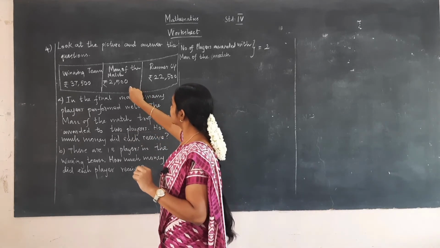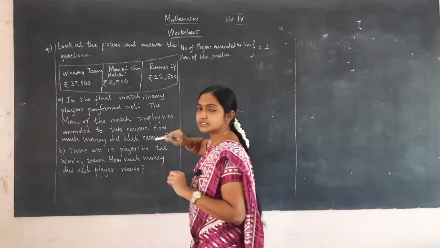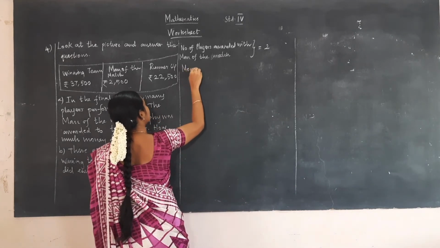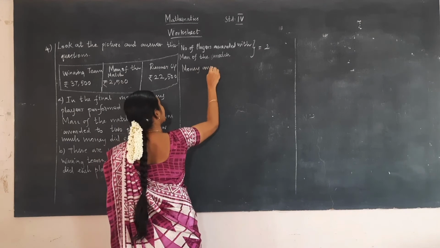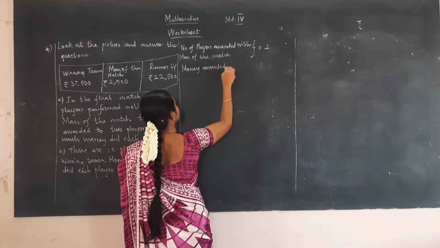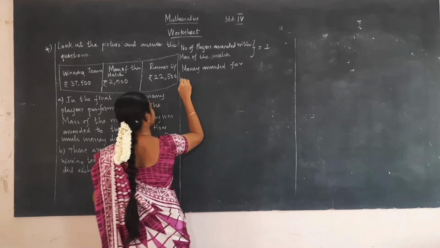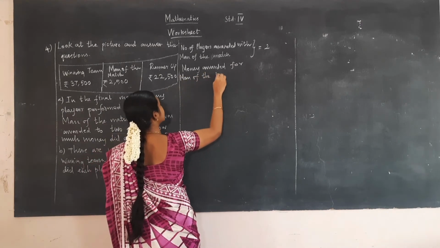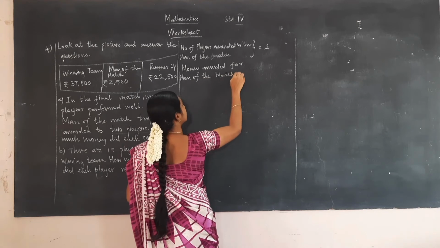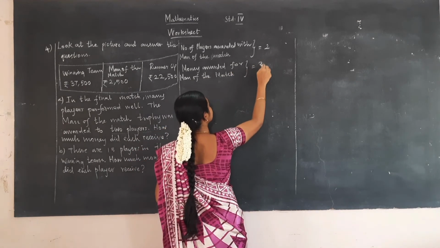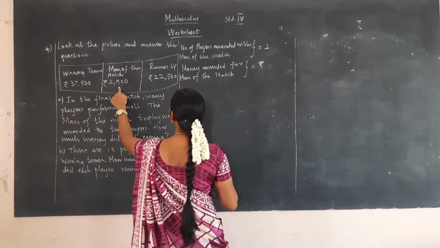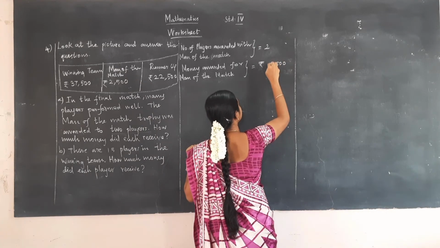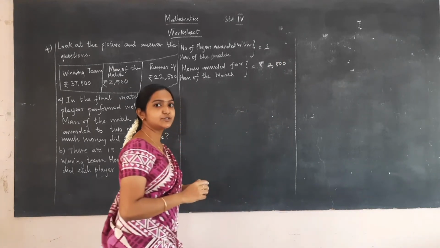Man of the match money awarded is rupees 2500. Money awarded for man of the match equals rupees 2500. We have to find the money each player gets.